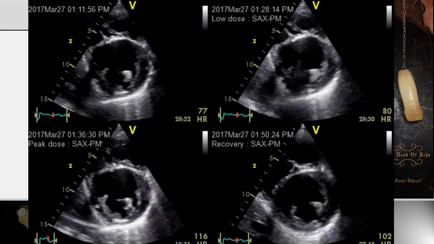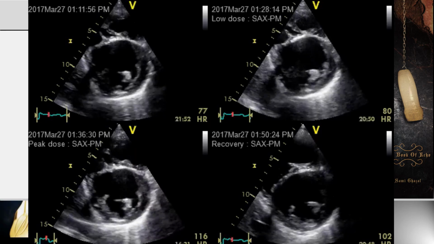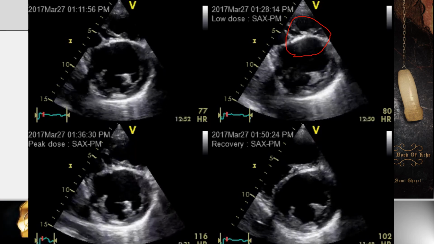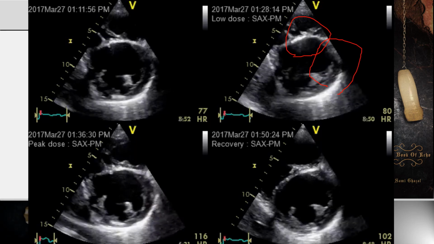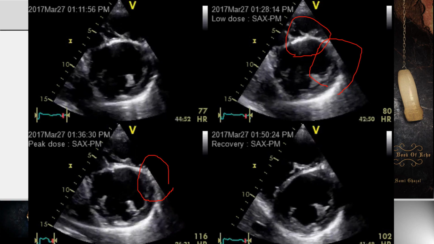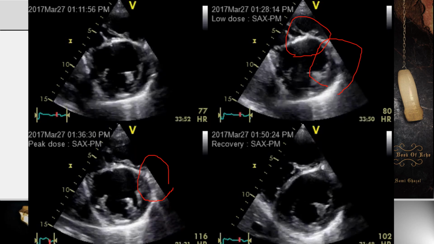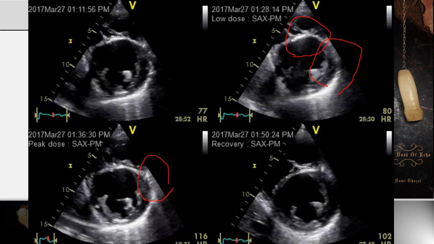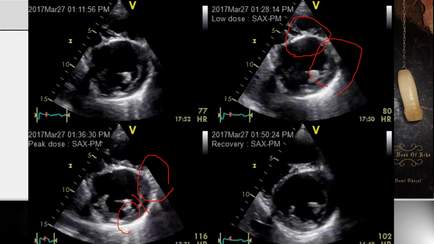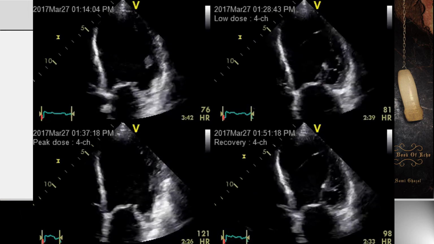Same patient. Septum scarred, non-viable. So this is the anterolateral wall here. Viable, we don't see much ischemia, but the infralateral here becomes worse.